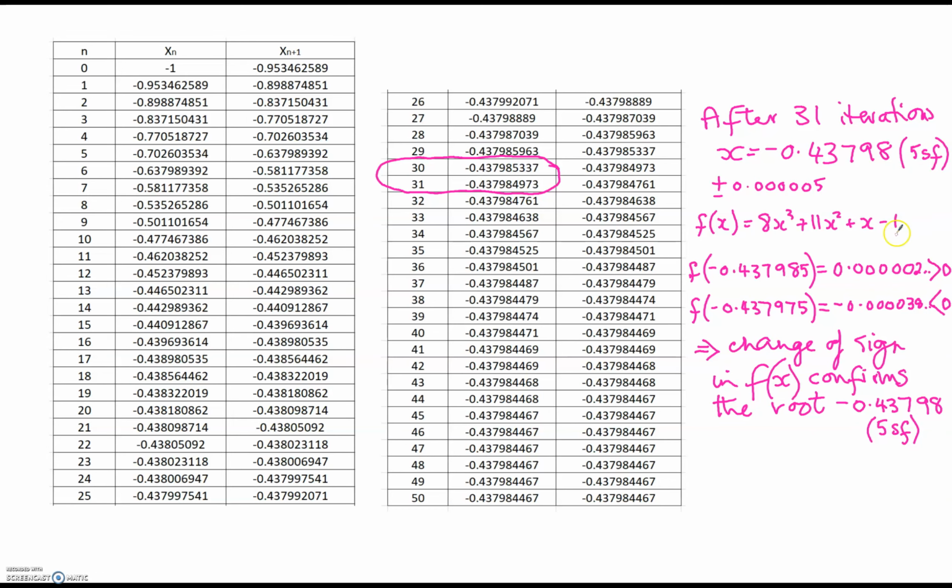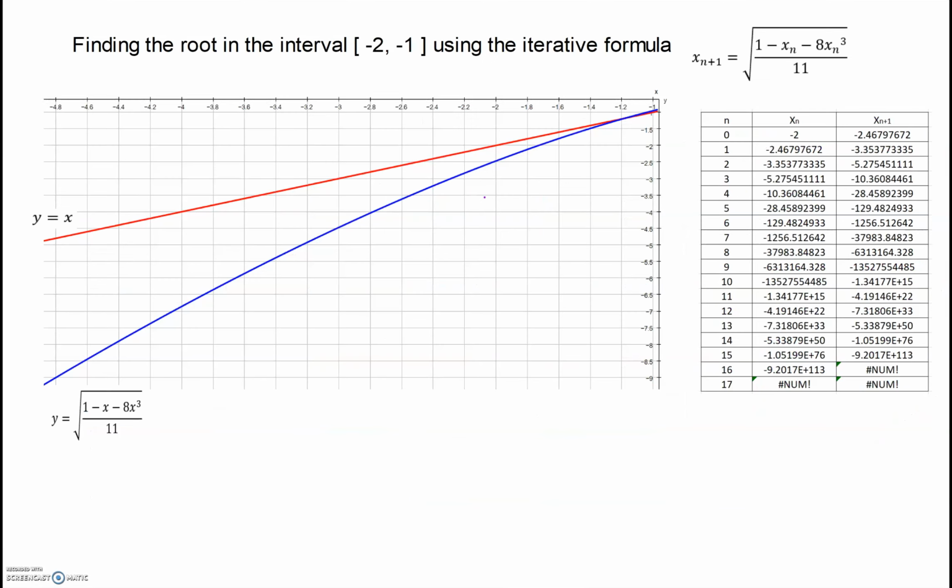And so we can see that there is a change of sign in f of x, which confirms that the root is negative 0.43798 to 5 significant figures.